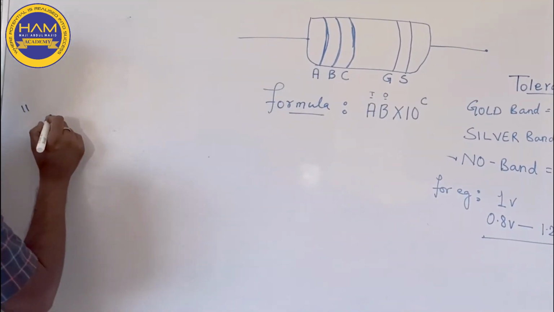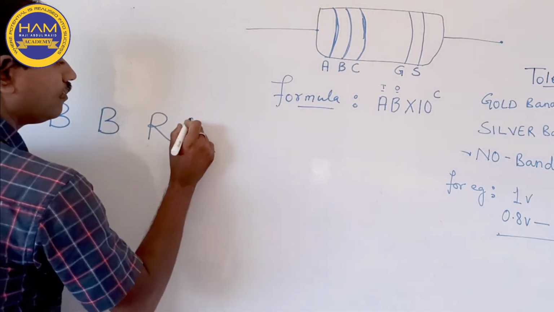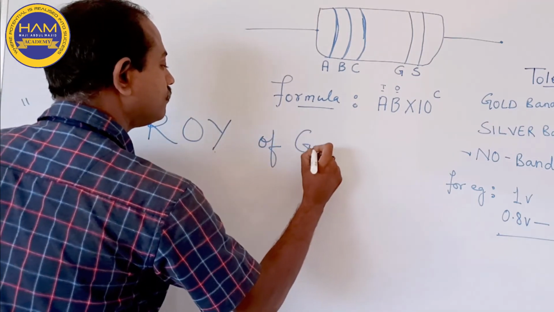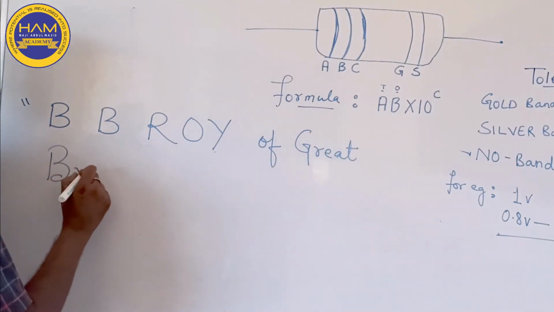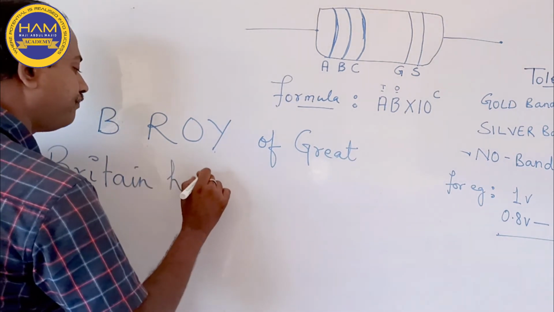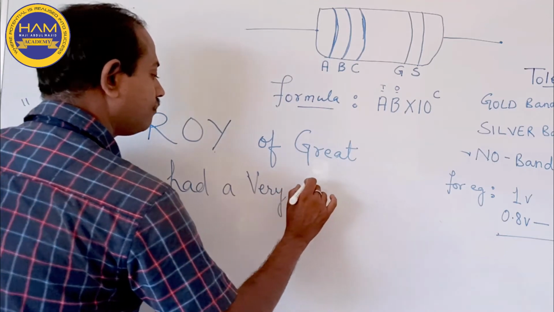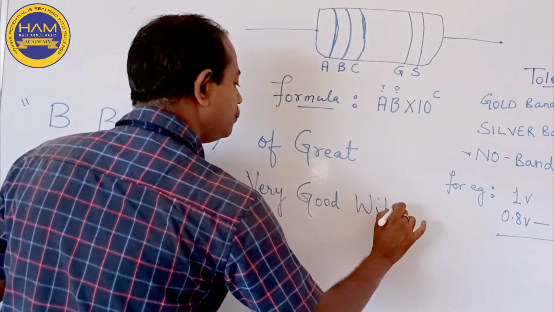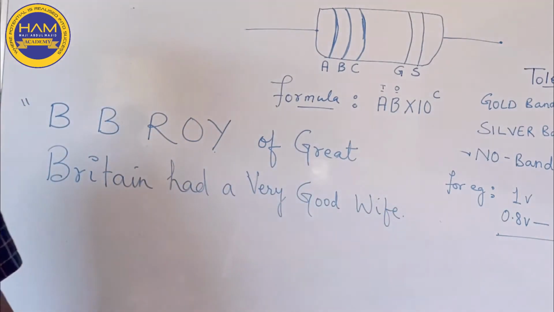So it states as: B.B. Roy of Great Britain had a very good wife.